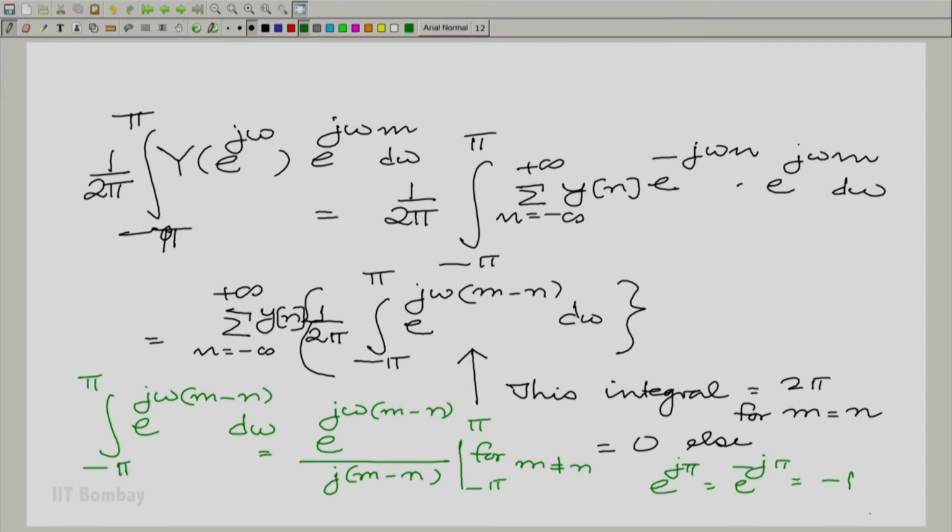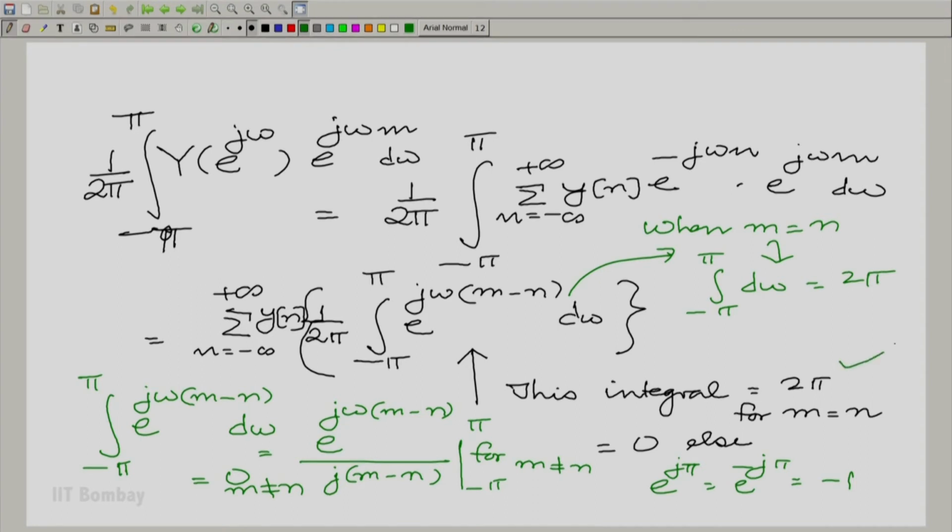So, it does not make a difference, and therefore, this is identically 0 for m not equal to n. And when m is equal to n, this integral becomes integral from minus pi to pi d omega, which is simply 2 pi. So, that justifies this answer that we have here.